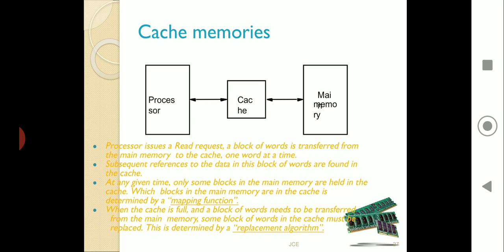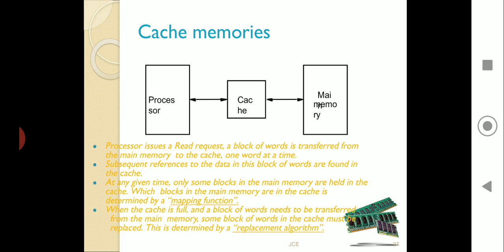Okay, so we'll also be trying to study some rules and factors which will decide how this replacement algorithm will work. Now it might also happen that some slots would not be available in your cache to place a block which you have brought from the main memory. Then you need to implement a replacement policy.